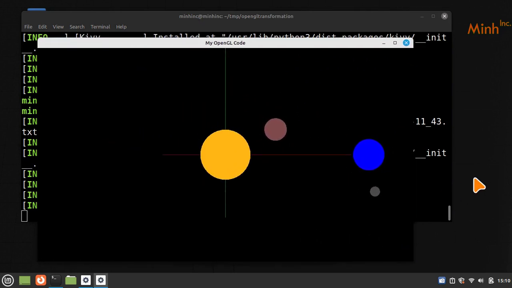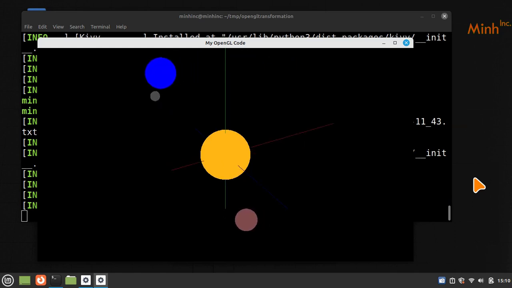This way, we can make a complete solar system. So Mercury is not moving the way Earth is moving. That is the catch. Earth is moving around the y-axis, whereas Mercury is moving around a line at a 45-degree angle that lies on the xz plane. So it's different.